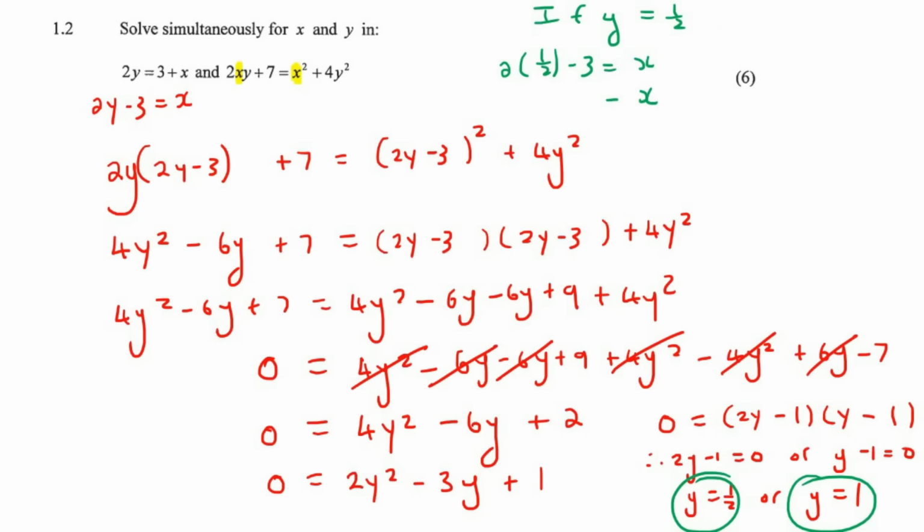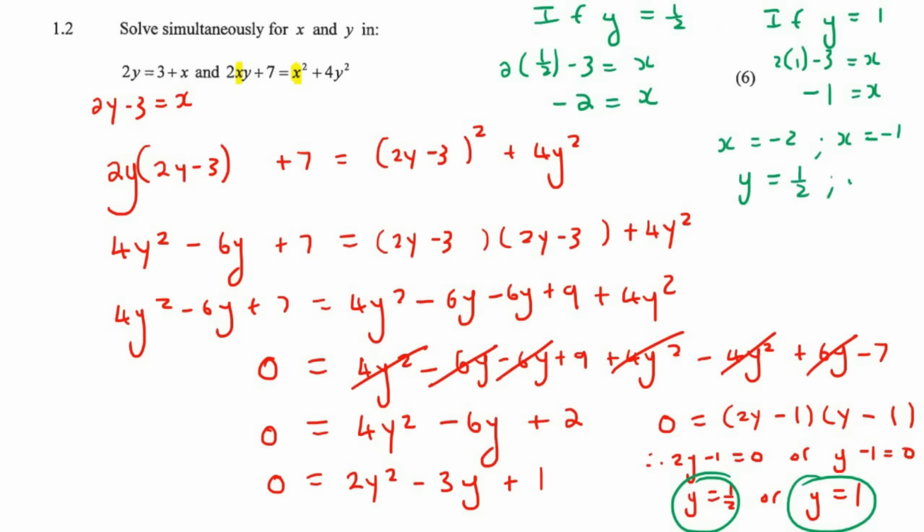And so that means that x is going to be equal to minus 2. And then if y is equal to 1, then x will be equal to 2 times 1 minus 3. And so x is going to be minus 1. And so there's all of our answers. We can say that x is equal to minus 2, x is equal to minus 1, y is equal to a half, and y is equal to 1.